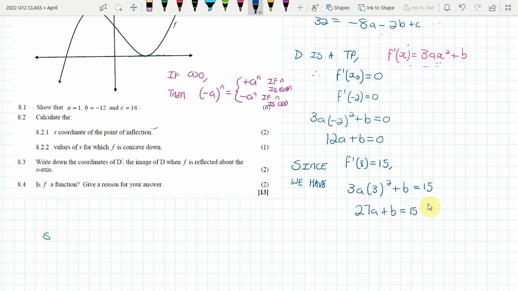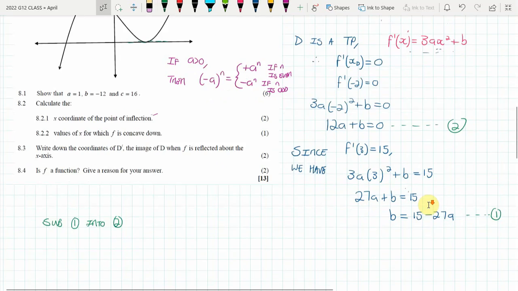So if we make B the subject here, B will be equal to 15 minus 27a, isn't it? Now let's call this one equation 1 and let's call this one equation 2. Now we're gonna sub 1 into 2. Then we're gonna get the following.